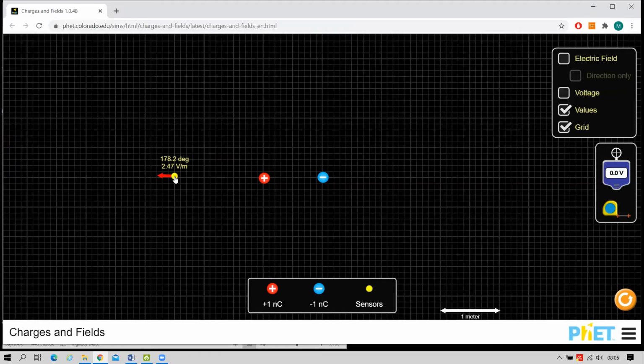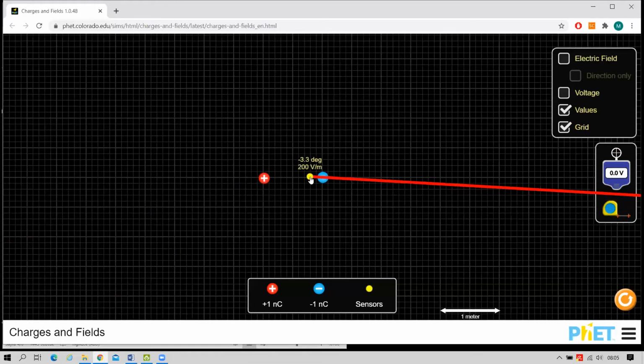And also, you will describe the electric field between the positive and negative charges. As you see between the positive and negative charges, the direction of the electric field is pointing to the right always.